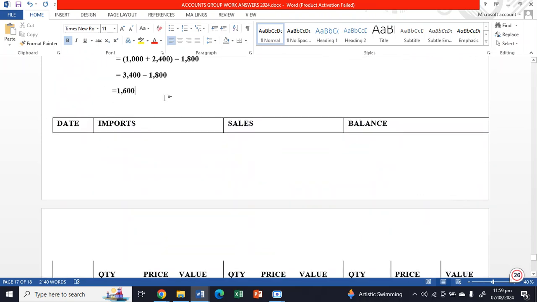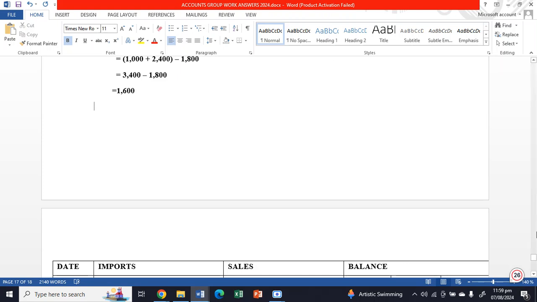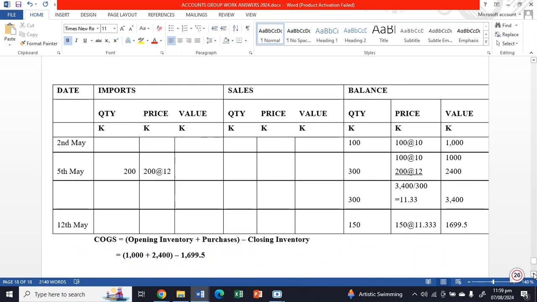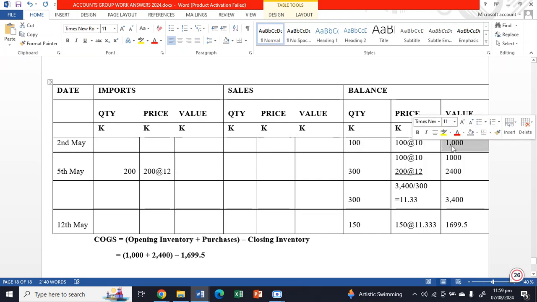We go to the weighted average costing method. Same process, but you're going to see what happens when you make a purchase. Opening inventory, 100 units, each valued at 10 kwacha, total value 1,000 kwacha.